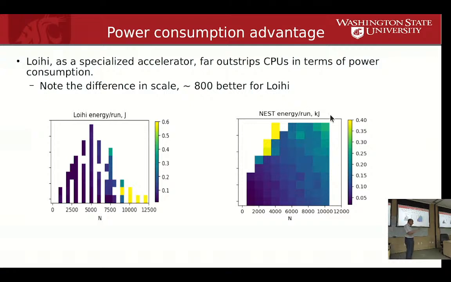So right off the bat, because of the specialized electronics, because of the additional details, additional care that Luigi designers have taken into limiting the use of electricity when parts of chips are not in use, we get about 800 times improvement in power consumption for those networks for the same level of performance.